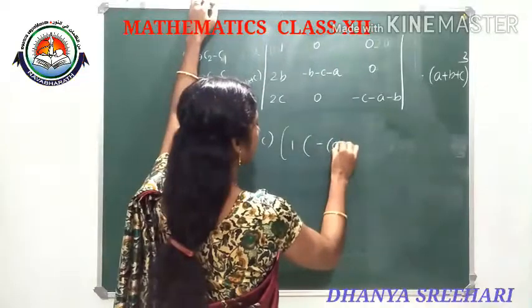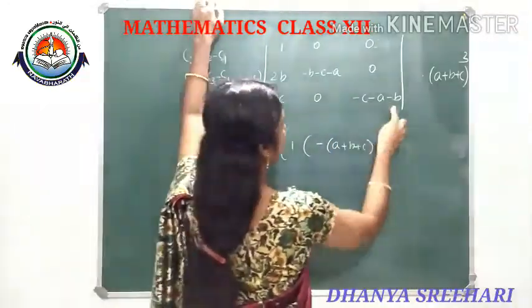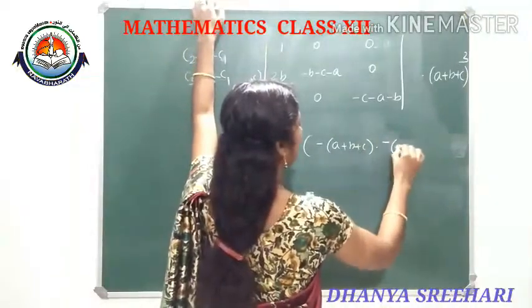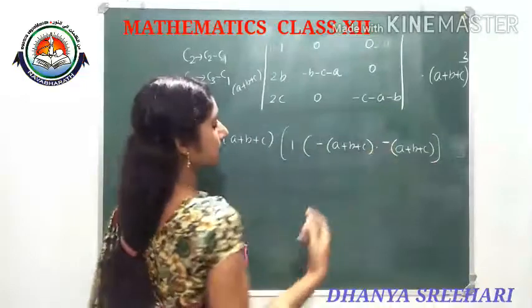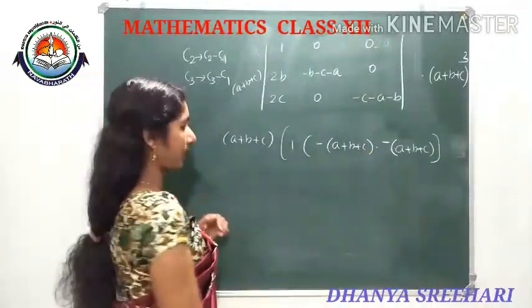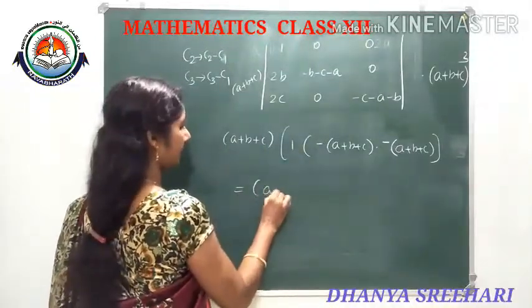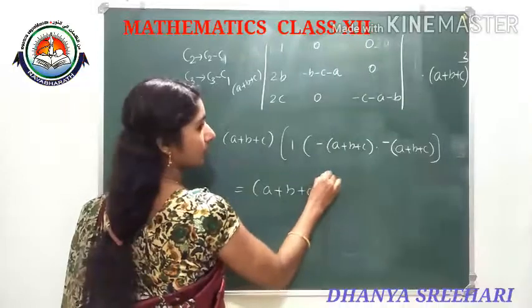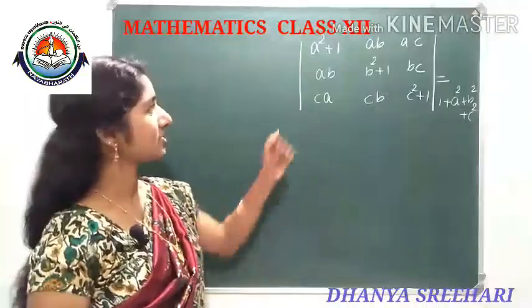So minus of a plus b plus c into, here also minus we can take outside. So minus of a plus b plus c will come. Minus into minus is plus. A plus b plus c into a plus b plus c whole square will come, a plus b plus c whole cube. Got it? Next question.